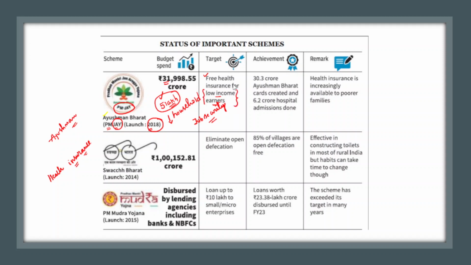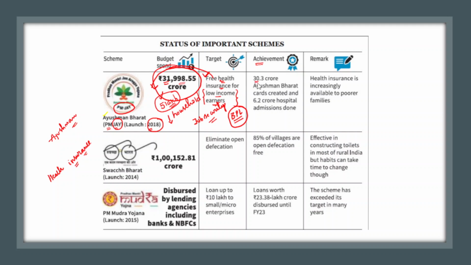Therefore it is important to provide healthcare insurance for those low income groups or people who are below the poverty line. In order to achieve this goal, the government has launched PM Jan Arogya Yojana, and it has also allocated around 31,998 crore rupees. The budget had also talked about the achievements of the PM Jan Arogya Yojana.